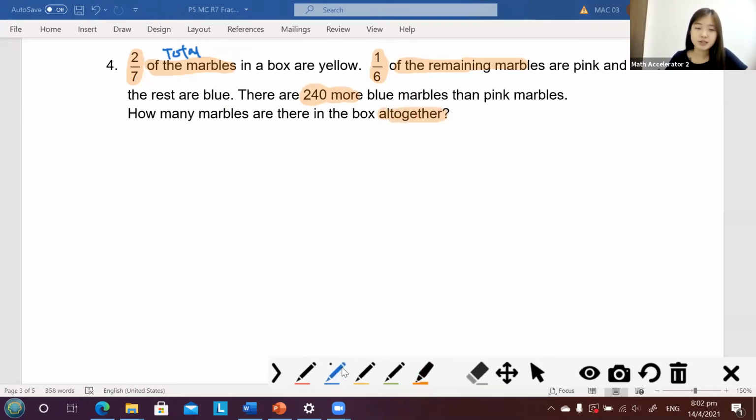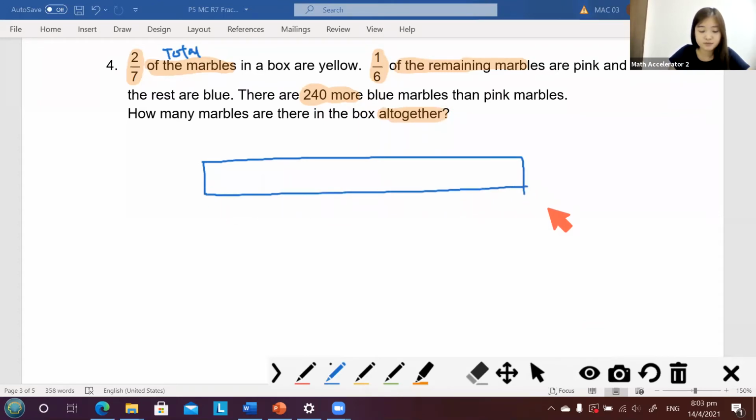So this question is a little bit different because now they're giving you a difference instead. There are 240 more blue than pink. So let's draw the model for the total first. The fraction belonging to your total is 2/7. So the denominator 7 tells us that we should be splitting our model into 7 units.